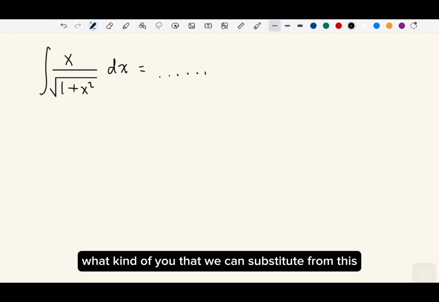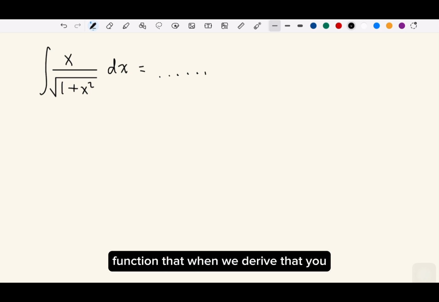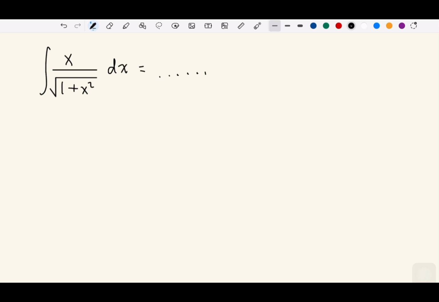So when we look back at the question here, what kind of u can we substitute from this function so that when we derive that u, we remove all x?